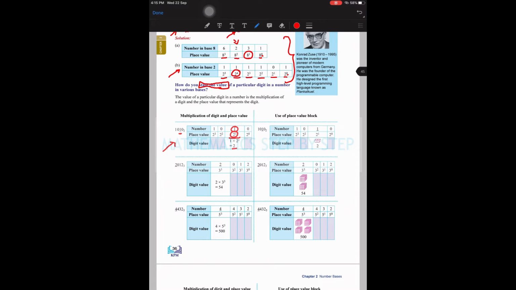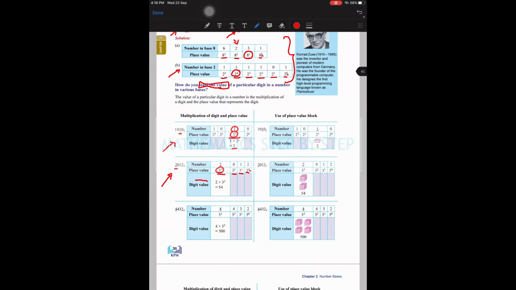Okay, then for this case 2012, for this underlined digit, we know that the place value is 3 to the power of 3. Okay, because now it's base 3 and the power we always start from 0. Okay, 3 to the power 1, 3 to the power 2, 3 to the power 3.